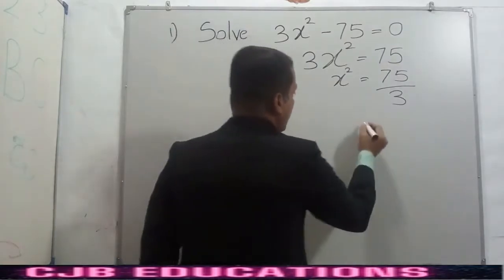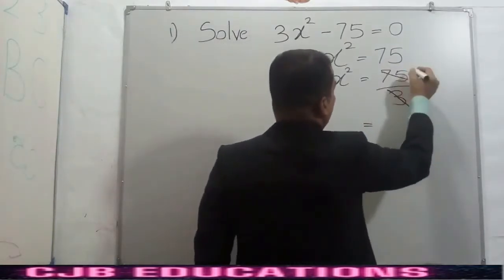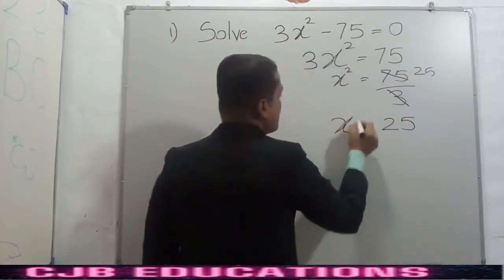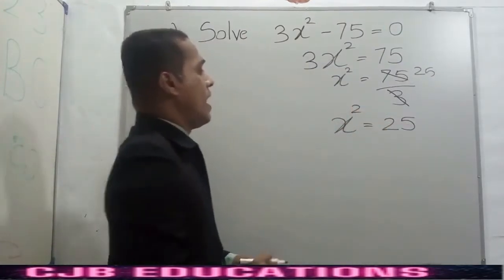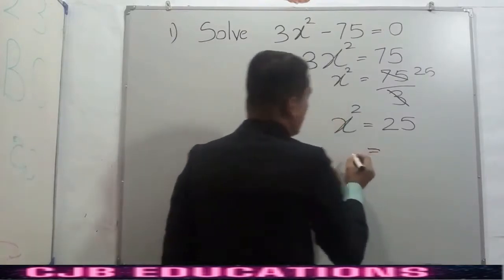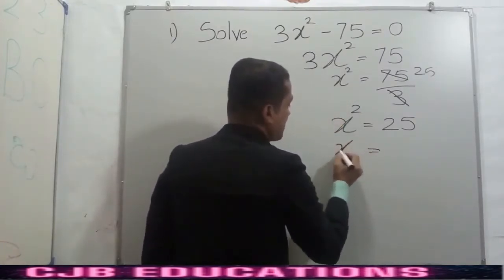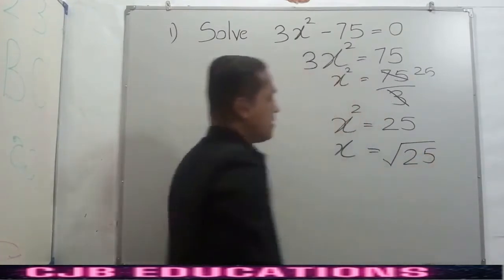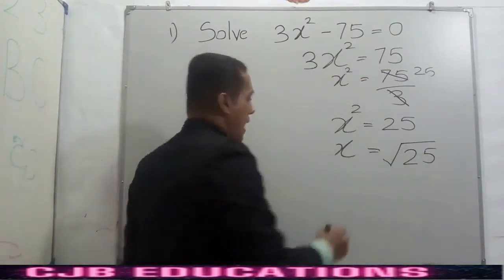Then we have 25 equal to x square. Then we have to find the square root of 25 to find x. Then we can write here, square root of 25 equal to x.